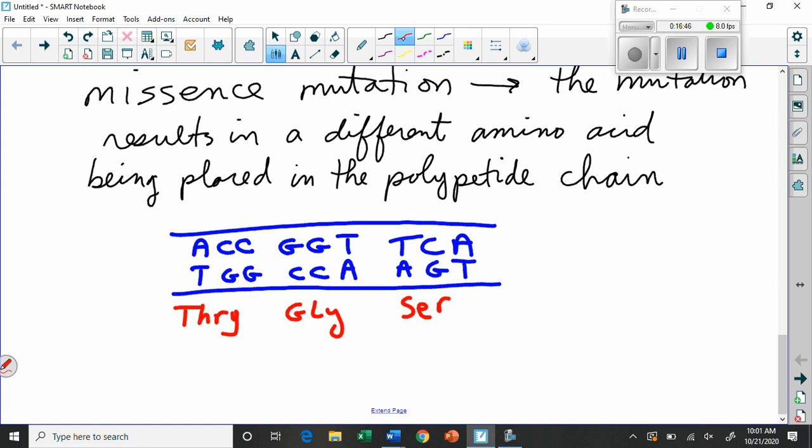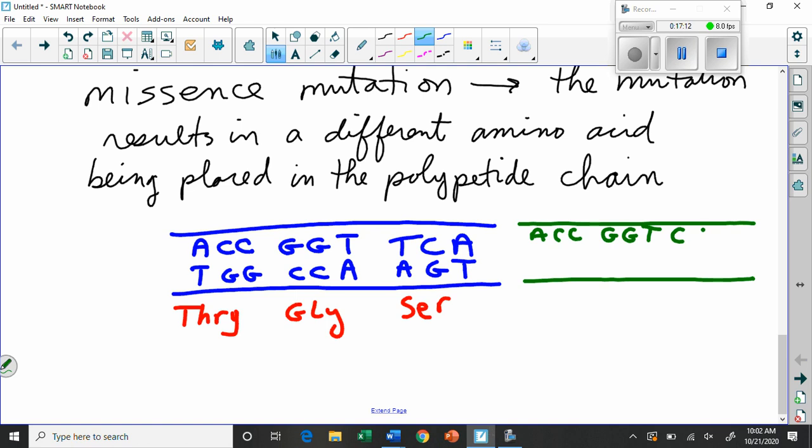So I've used red for, I'm going to change my colors. I'll use green then for the mutated version. Let's draw the mutated version here. So in the mutated version, we would have ACC, GGT, and then we're going to have a mutation here and put CCA. So that's a point mutation.